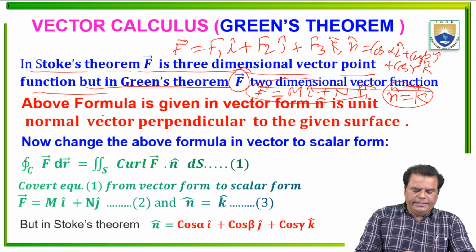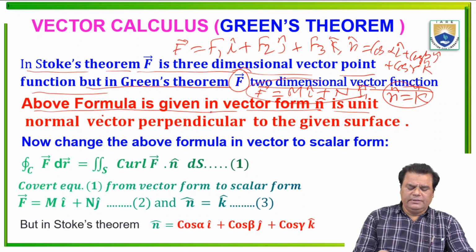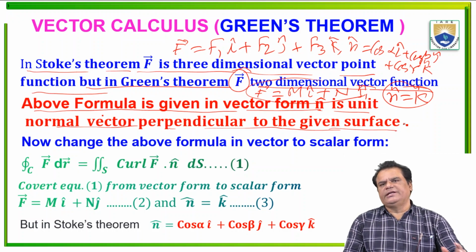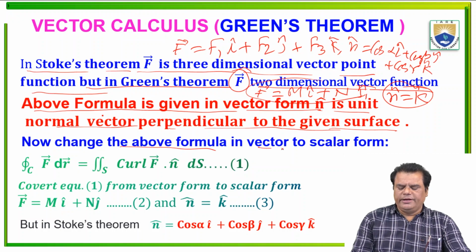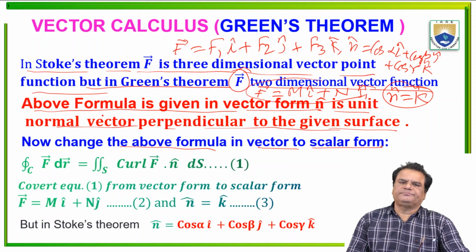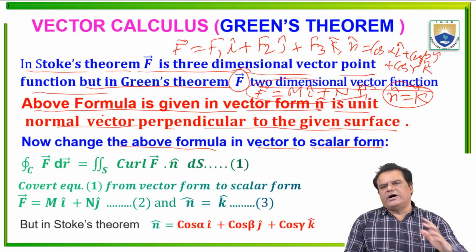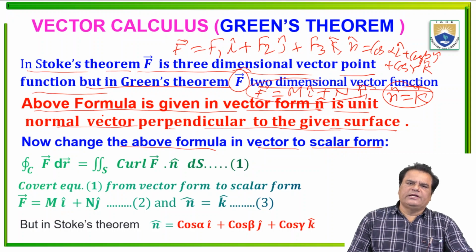So now, the above formula is given in vector form, and n is the unit normal vector perpendicular to the given surface, basically the xy plane. Now change the above formula from vector to scalar form. How can we convert the Green theorem formula, which is given in vector form, into scalar form?